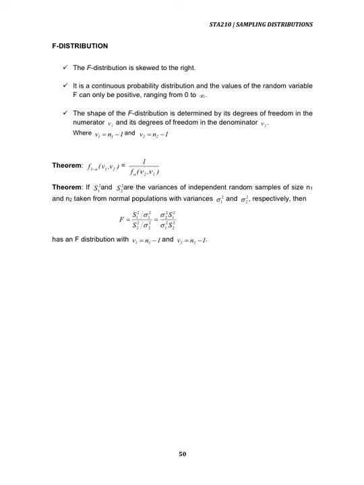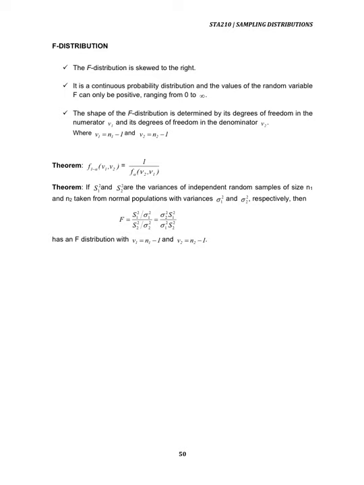Okay, now let's take a look into F distribution. So the idea of F distribution ni adalah, it happens when we find the ratio of the variance of two populations. So when we find the ratio of the variance of population 1 and population 2, it will provide us the F distribution. The F distribution is skewed to the right.